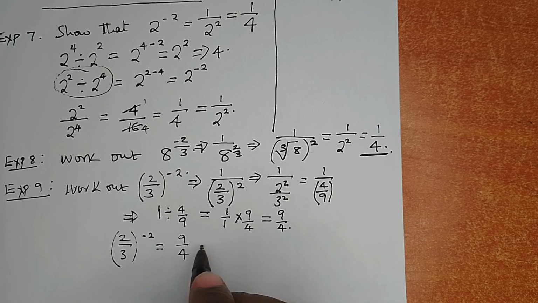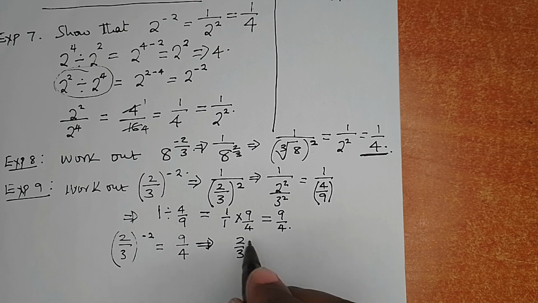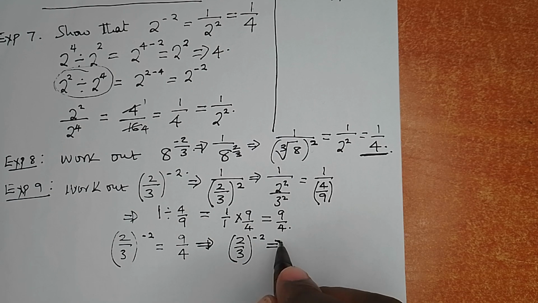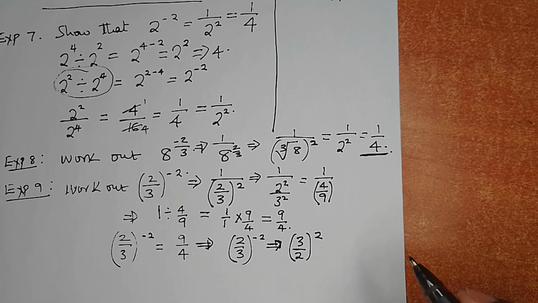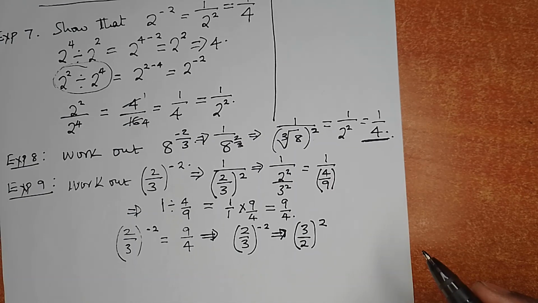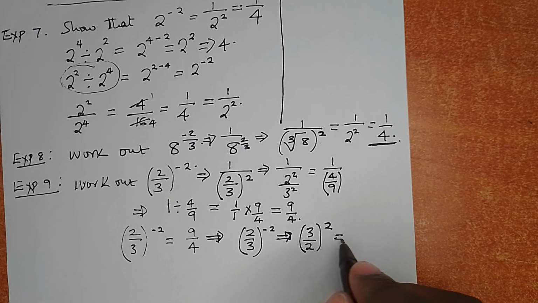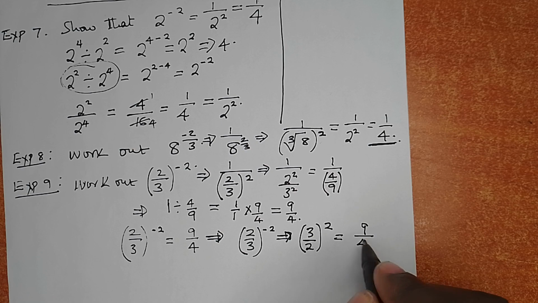So 2 over 3 raised to power minus 2 is the same as the reciprocal of the original number, which is 3 over 2, which automatically changes the sign of the index. That is where we are, which is giving us 9 over 4.